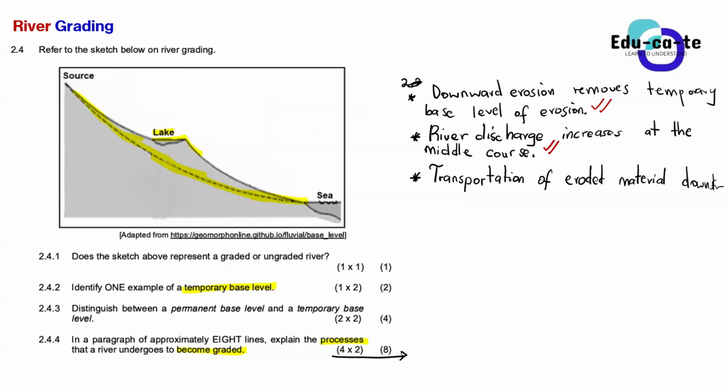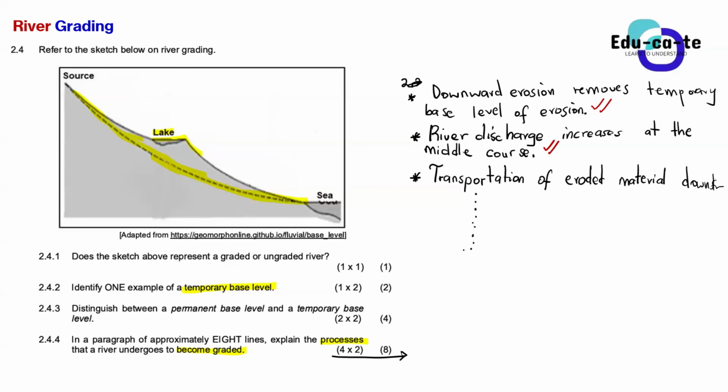There are many things, guys. Lateral erosion happens there. We have a gentler gradient at the middle course compared to the upper course. We have all of those things that I've mentioned.